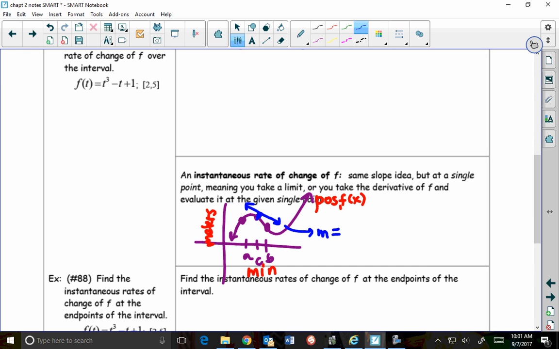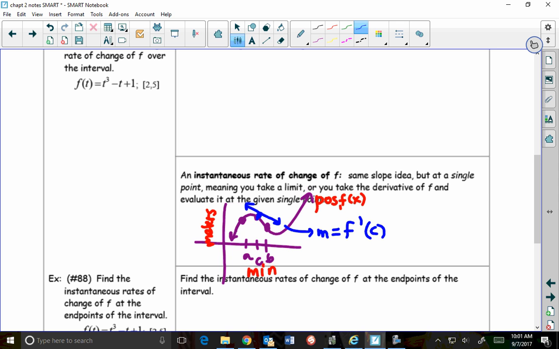Do I do change in y over change of x? No. In this, I do the f prime of, well, in this case, c for this particular one. F prime of x is the slope of all of them. F prime of c is the slope of that one, right?